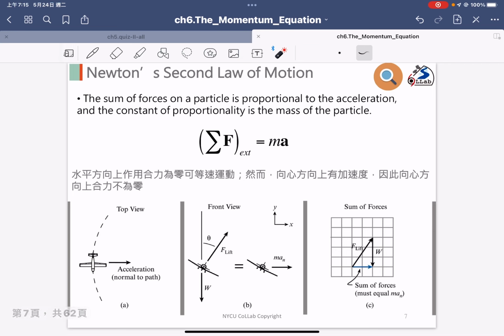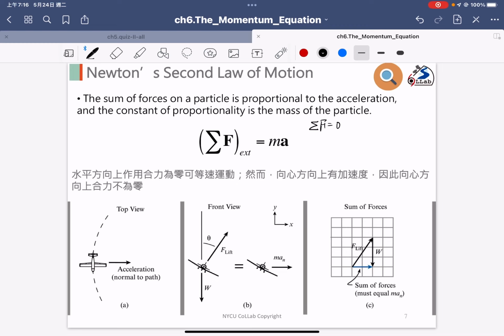Okay, so what is Newton's second law? As we know, the external force showing here will equal the particle mass multiplied by the acceleration. So if we fix one direction, and the sum of the external forces equals 0, and the particle is moving, then its moving speed is constant.